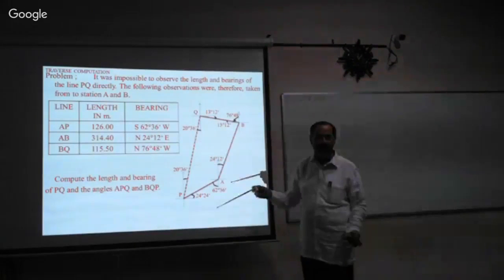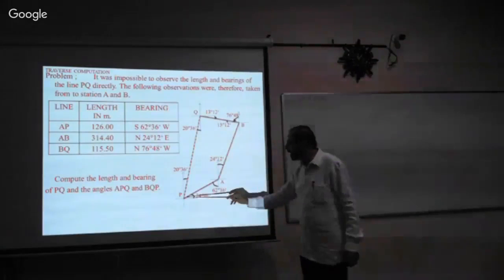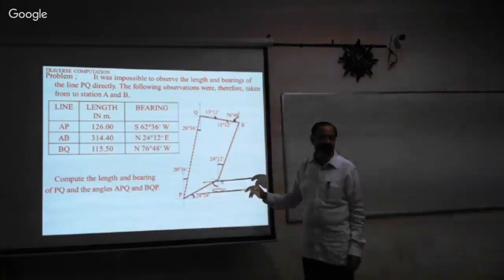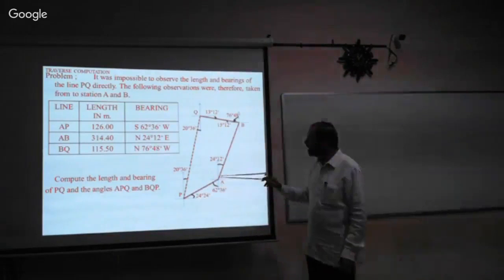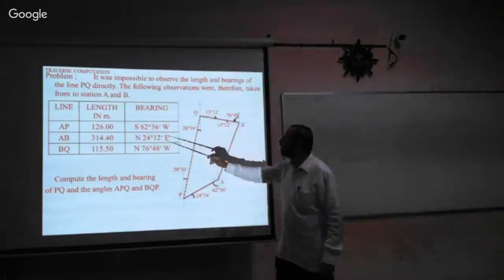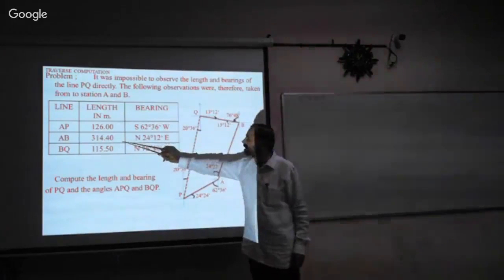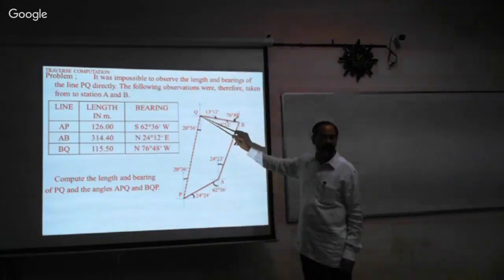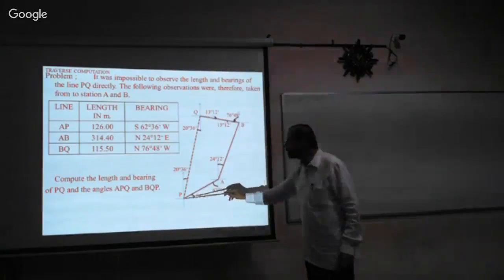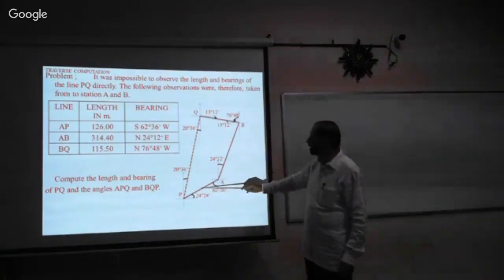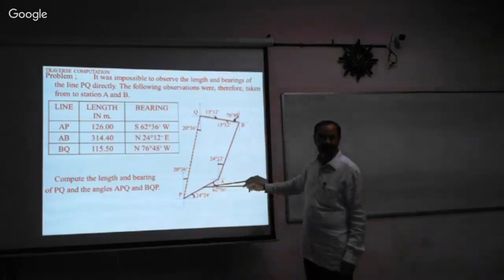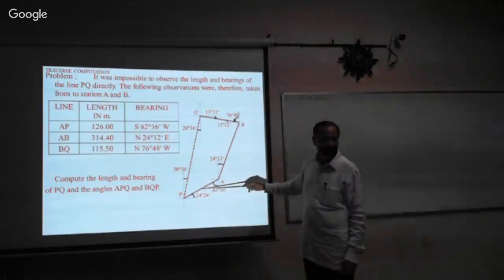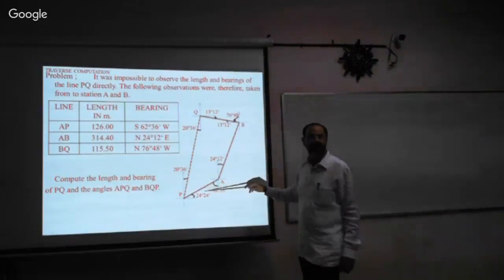AP and PA both are same, and the reduced bearing of PA is computed. And then AB they have given here, and BQ also given. Now let us start from this point. We can calculate the length and bearing of this line. Can we do it? We can do it.